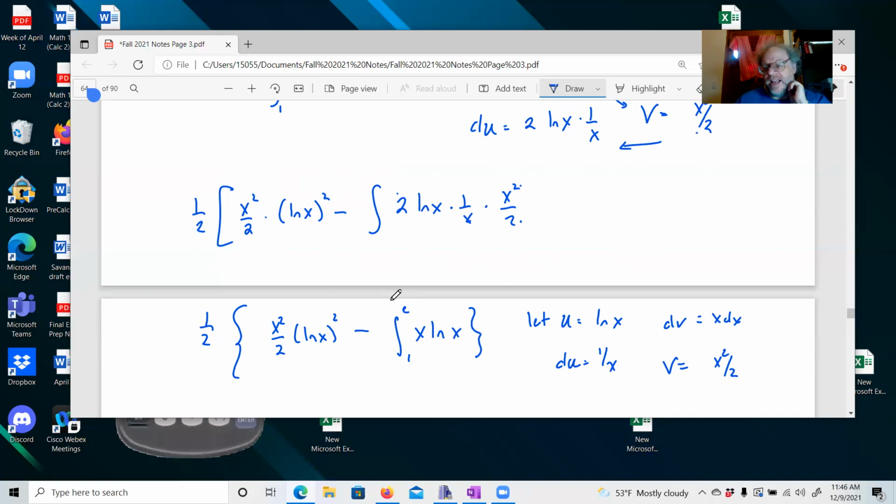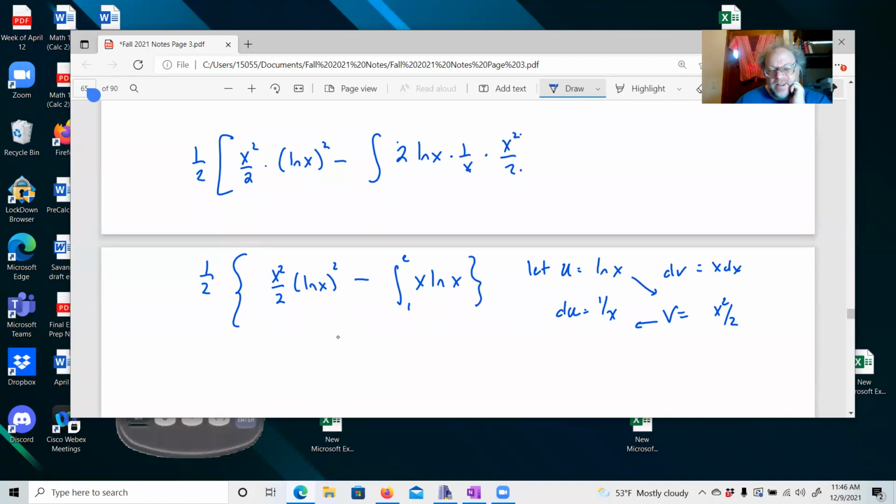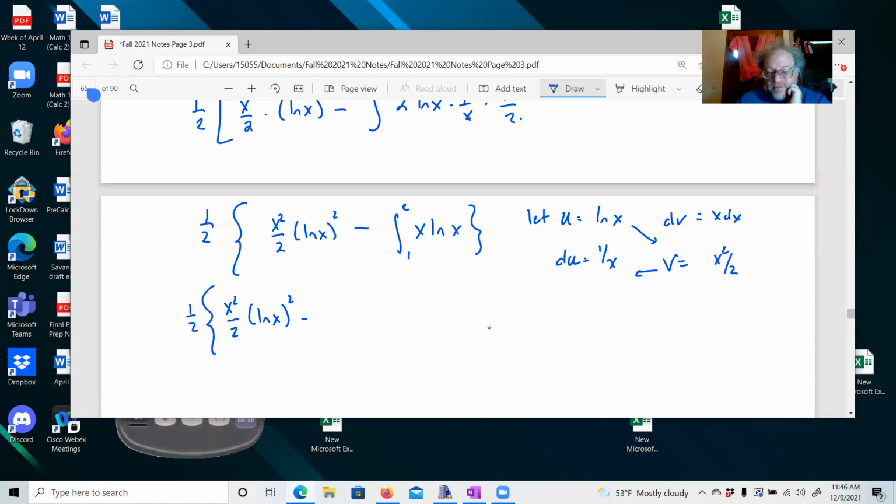So again, applying our integration by parts here, we have 1/2 x squared over 2 ln x squared minus, and then integration by parts, so it's going to be minus 1/2 x squared ln x, these two together, minus integral of 1/2 x squared over x is just going to be x, isn't it?